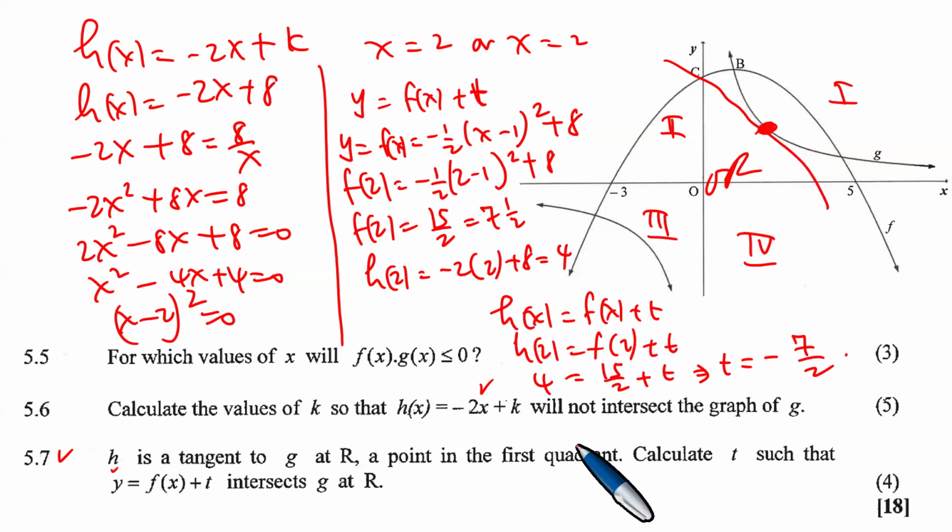Yeah, t is minus 7 out of 2. So we're to calculate t such that this intersects g. You can use here either g or any of the functions there. Either h or g, but we chose h and it works as well. Okay, in the same way, you continue. Next question.